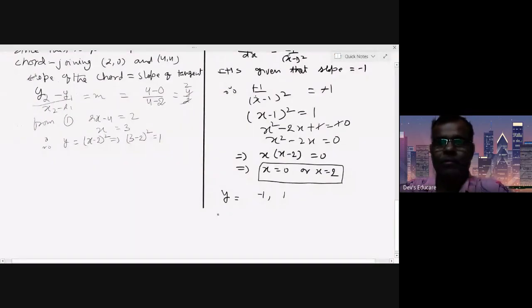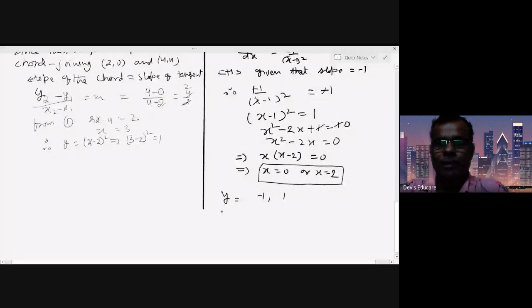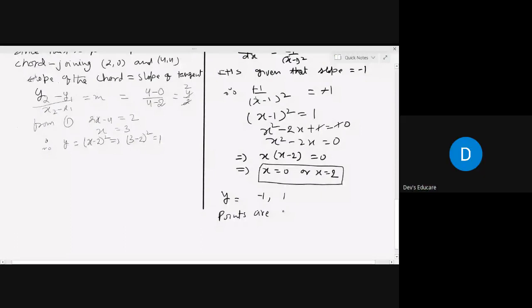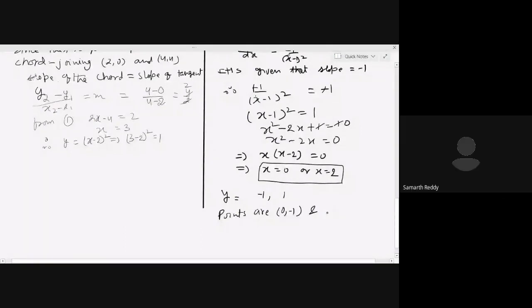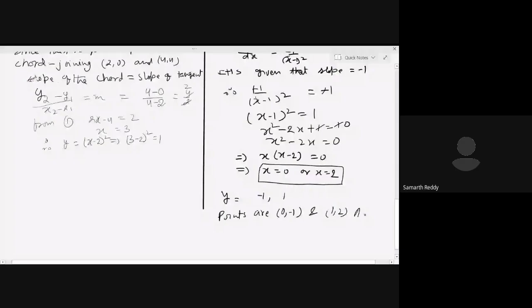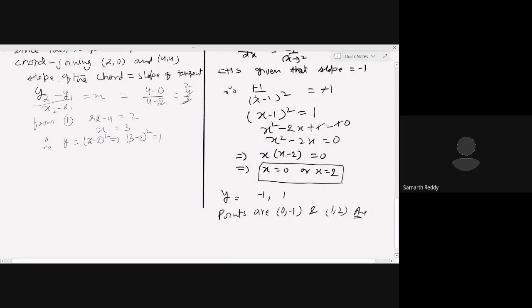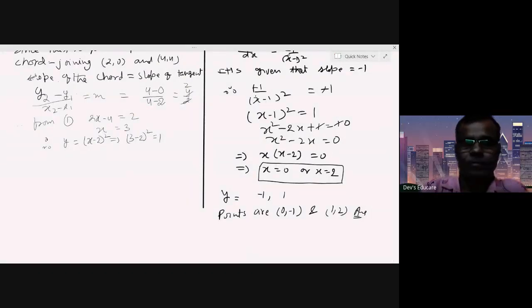So the points are (0, -1) and (2, 1). This should be the answer.